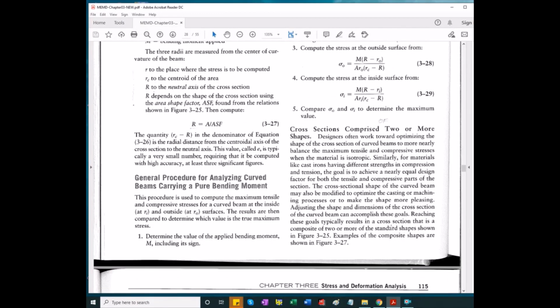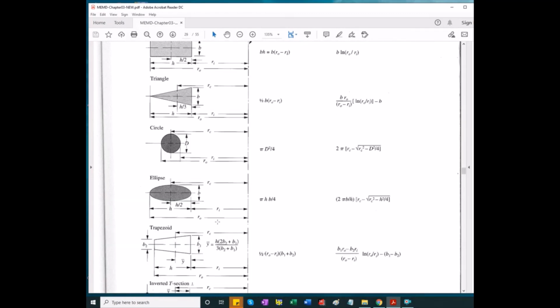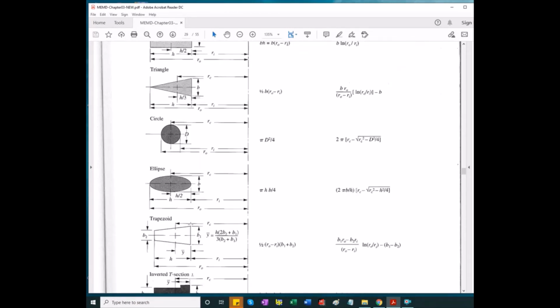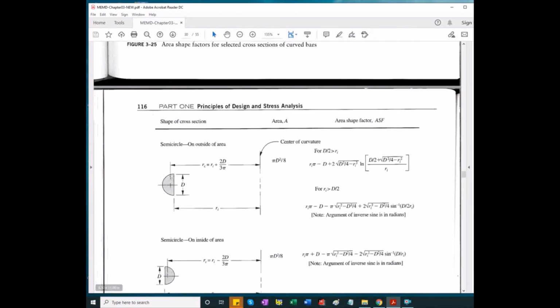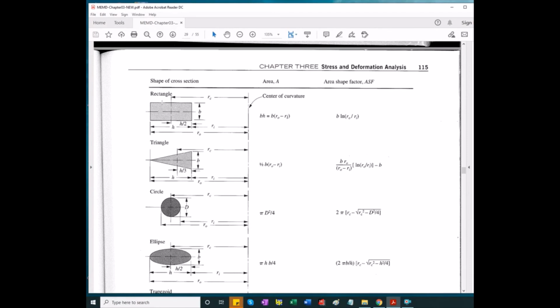Okay. If we have a combination of shapes, say a rectangle with one of these half discs at the end, or not welded, it could be a rectangular piece that is rounded. Okay, it looks like a field track.